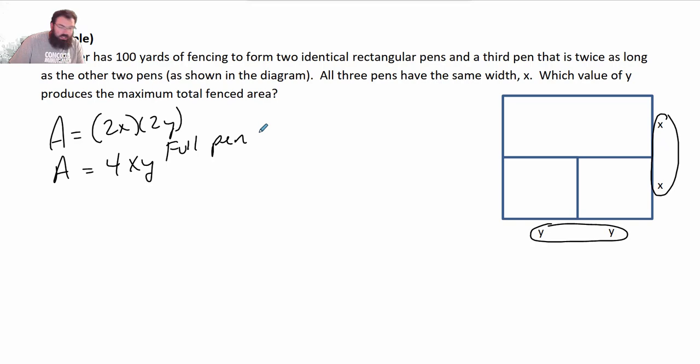Then, what do I need? Well, the other areas aren't going to really do too much stuff, so I'm going to have to find the perimeter, okay? We're always going to probably want to deal with perimeter because, again, he's got 100 yards of fencing, well, that's going to go around the pens, right?